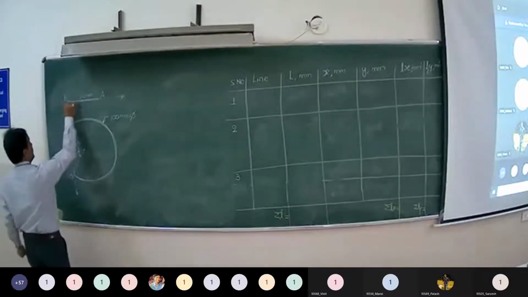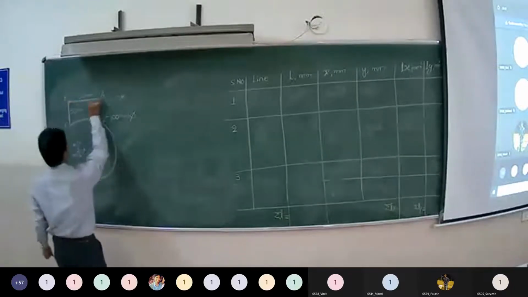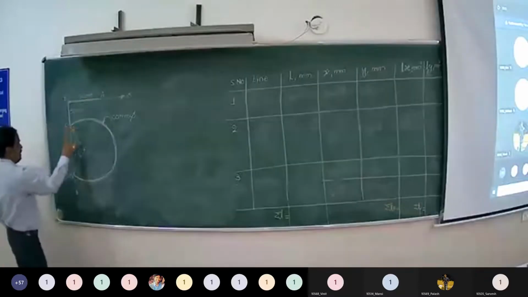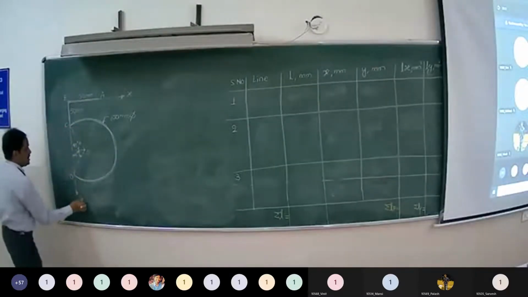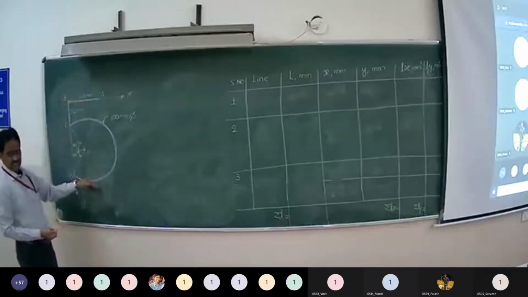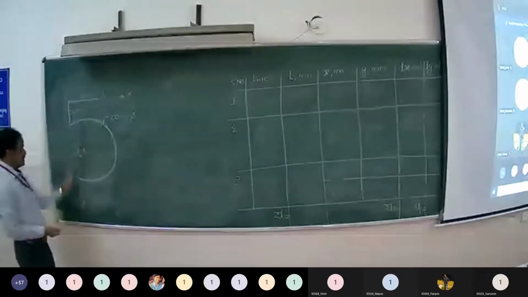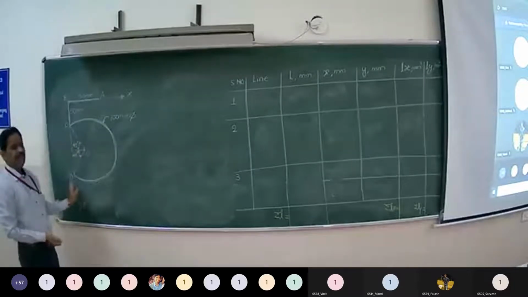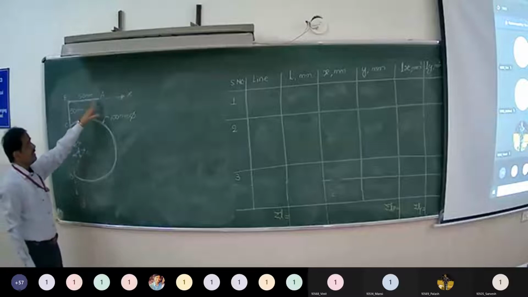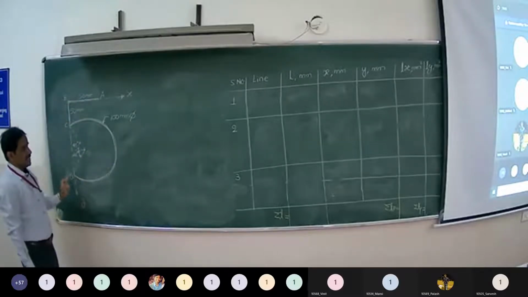So with respect to point B, I am taking this positive x-axis and this as positive y-axis. The entire figure is below x-axis. So I am taking this as positive y-axis for my convenience. Then second step, divide this into different parts of standard shape.